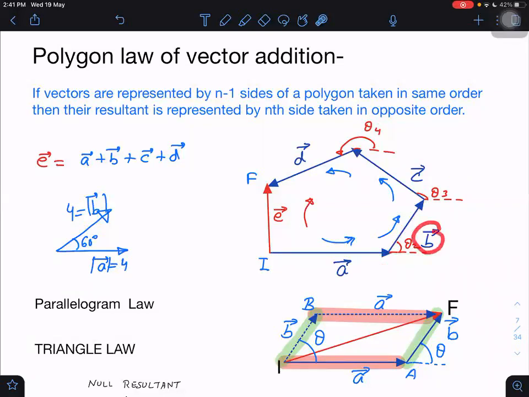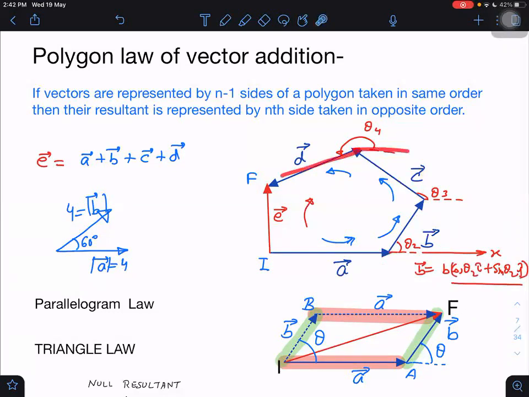What will the vector B be represented as now? If I take this axis as the x-axis, then B will become B cos theta 2 along i cap and B sin theta 2 along j cap. Similarly, C cos theta 3 along i cap and C sin theta 3 along j cap.